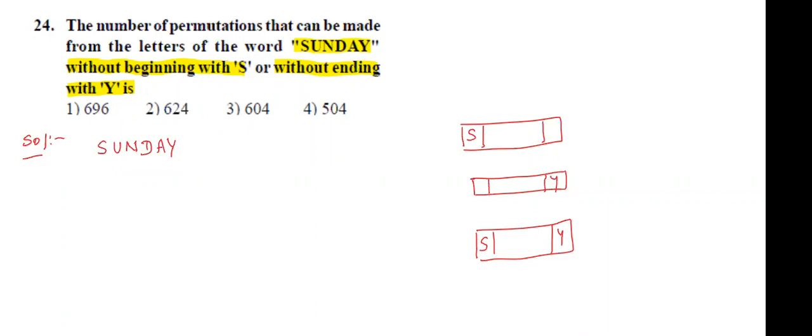Then how to find? First find the total arrangement. In that total arrangement, we get beginning with S, ending with Y, and without beginning with S, without ending with Y also will come. Okay, there are 2 chances. So what are they?